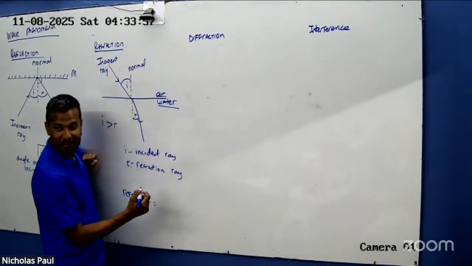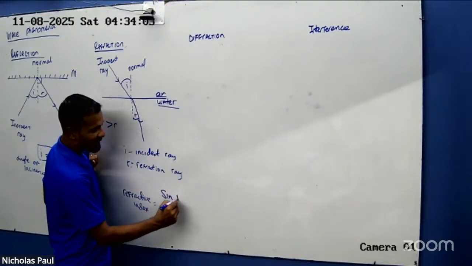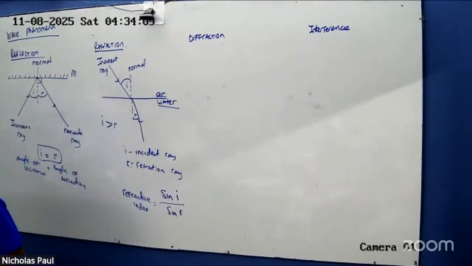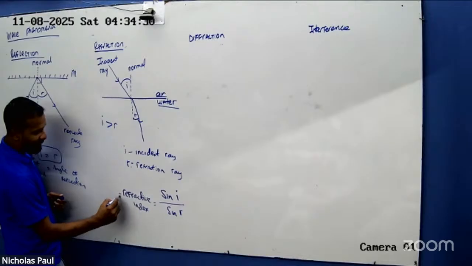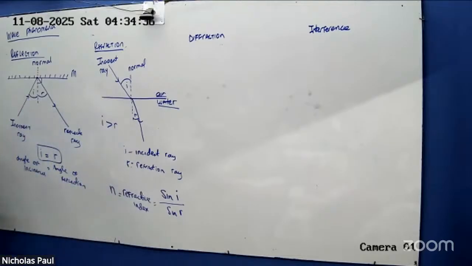Refractive index is sine I over sine R. So this little value here, the symbol n, tells you how much refraction will happen.